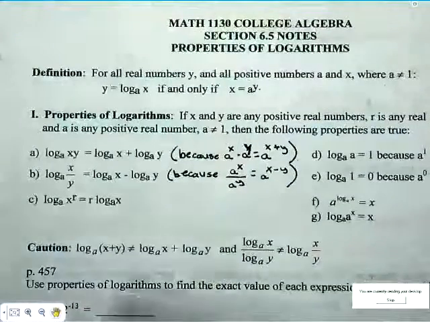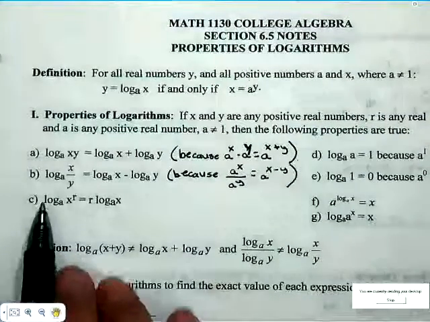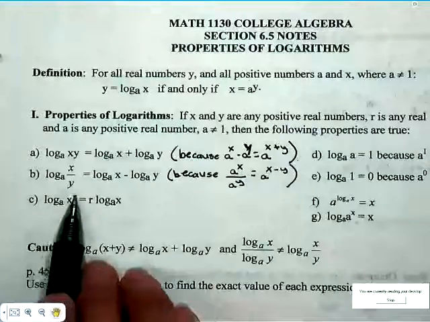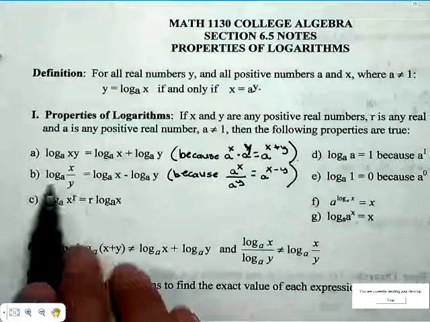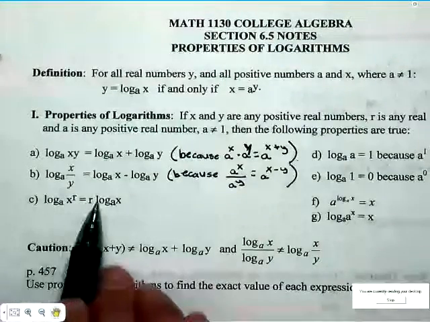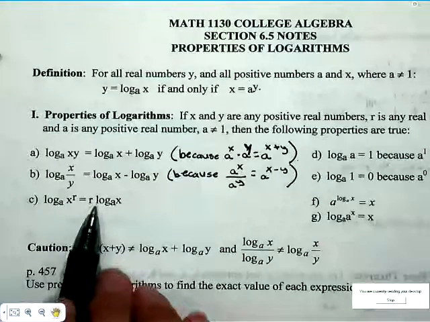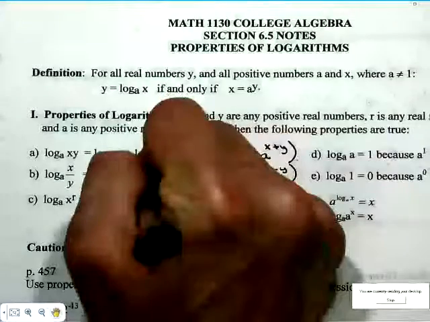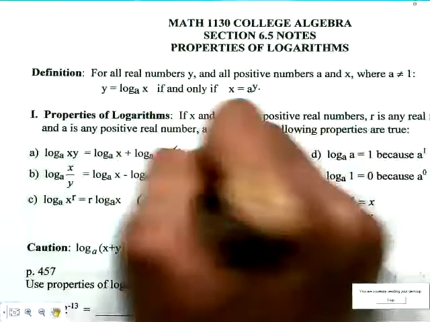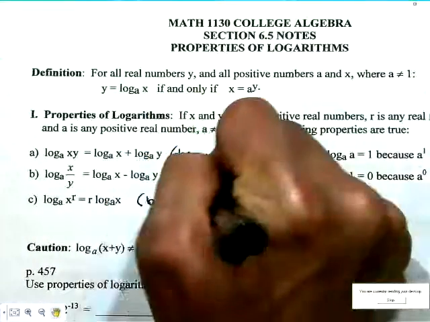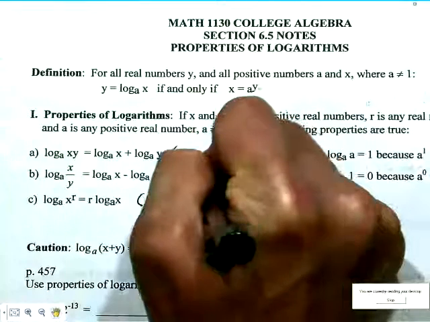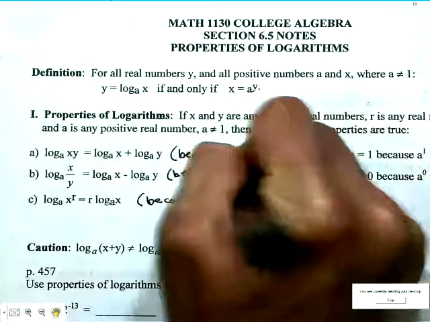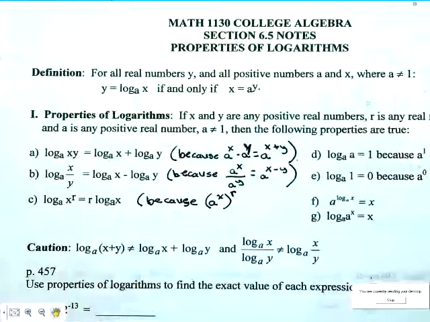And then the third property says when you have log of something to a power, you can bring the power out in front of the log and multiply it. That comes from the power rule of exponents. If you have a to the x to the r, when you have a power to a power, what do you do with the exponents?